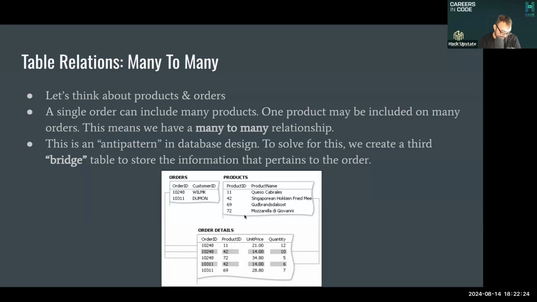So the way that we solve for a many-to-many relationship is by using a bridge table. We say one order may have many order details, just like one product may belong to many different order details. So we basically take our many-to-many and split it up and say, hey, instead of many-to-many, we instead say one-to-many, many-to-one to get that data split.